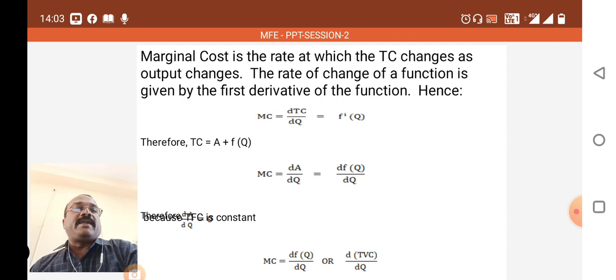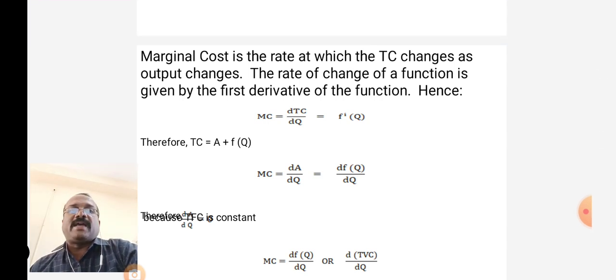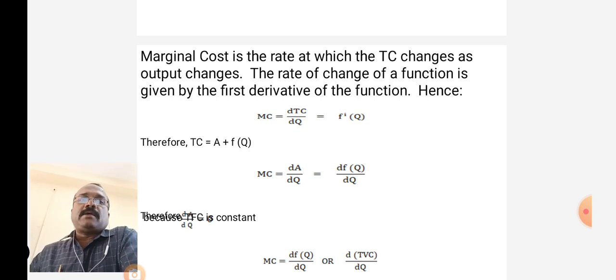One more important thing that I have to mention in the marginal cost is that marginal cost is the rate at which the total cost changes as output changes. In an industry, when they calculate the total cost, it is derived from total fixed cost and total variable cost. As far as average cost is concerned, the average fixed cost and average variable cost are considered.